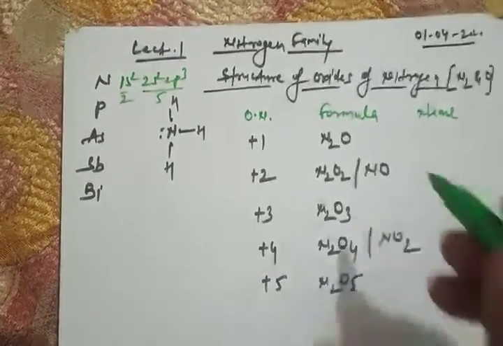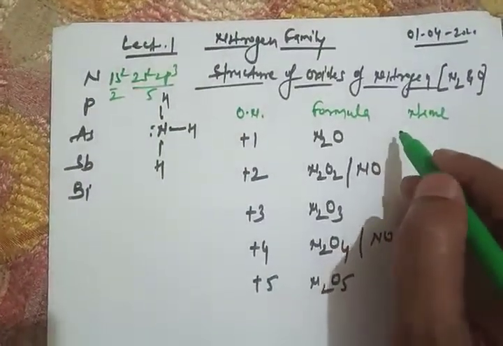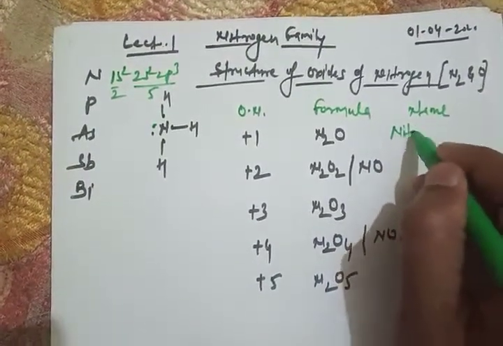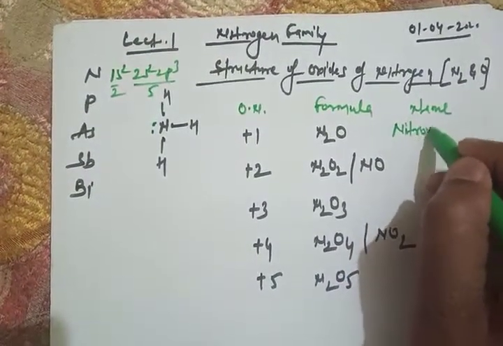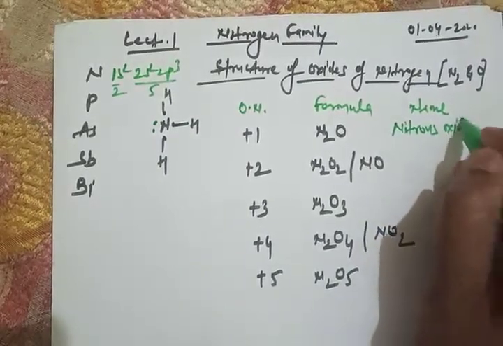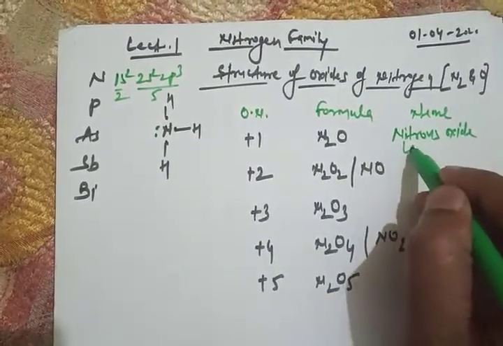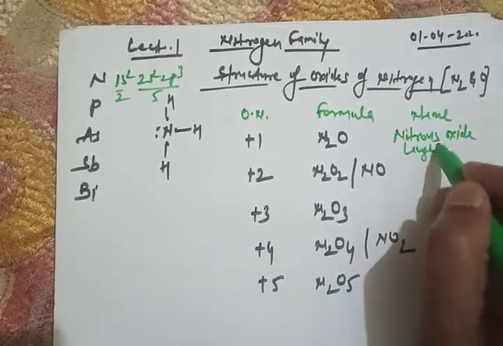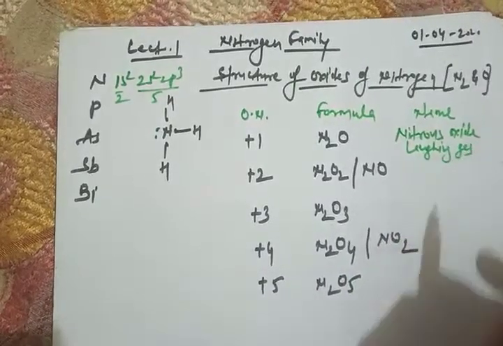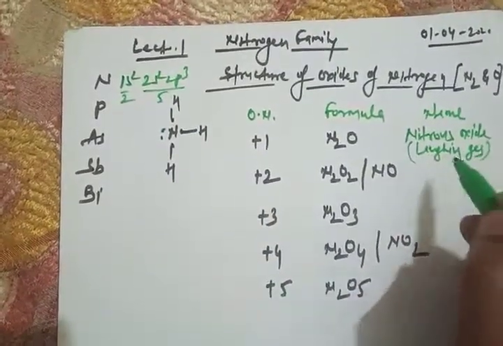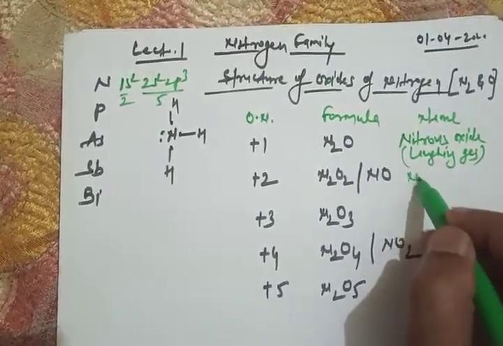The names of these oxides: the first is nitrous oxide. Nitrous oxide is also known as laughing gas. You must remember this is the laughing gas. Then this is nitric oxide.